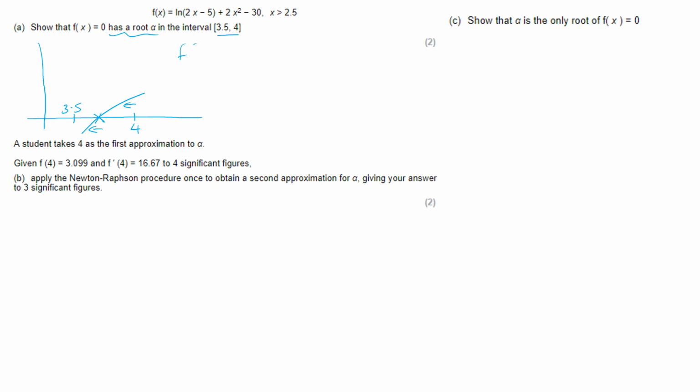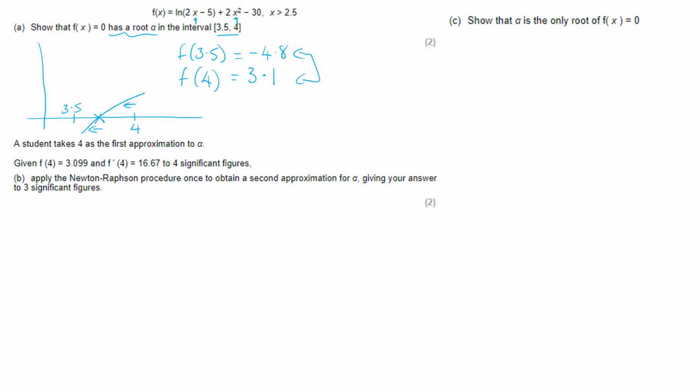So if we do f of 3.5, so that is put in when x is 3.5 just into our equation, that turns out to be on your calculators minus 4.8. And then if we do f of 4, the other side of the root, that comes out to be 3.1.